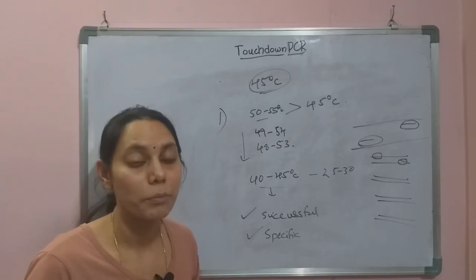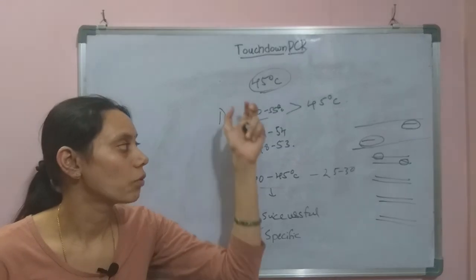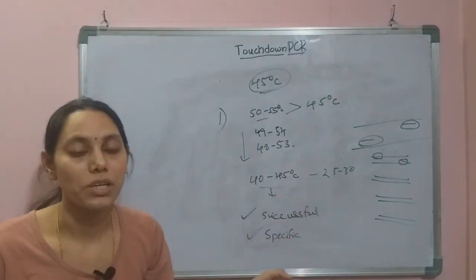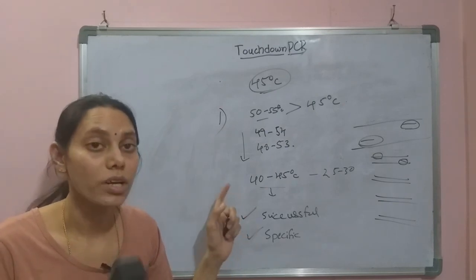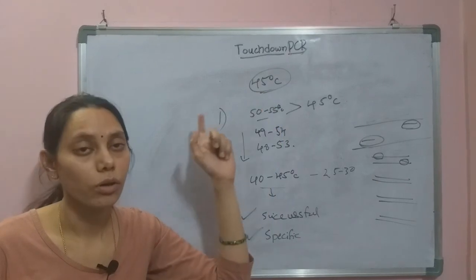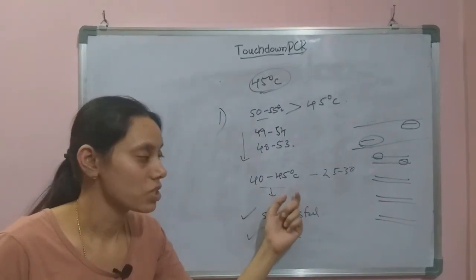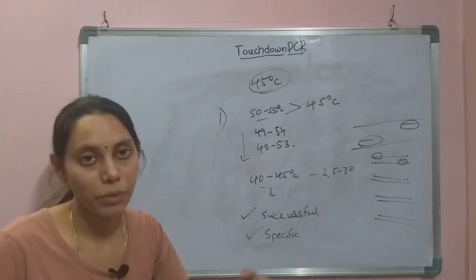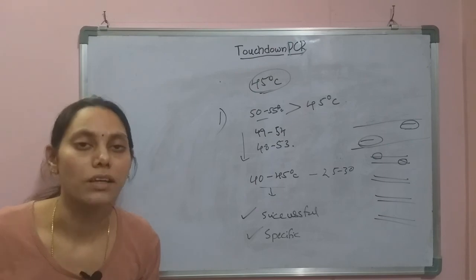So that is what touchdown PCR does: it sequentially decreases the annealing temperature up to some extent, then lowers the annealing temperature below the normal annealing temperature. At this low annealing temperature, amplification is easy and primer binding is easy. That is how touchdown PCR works.